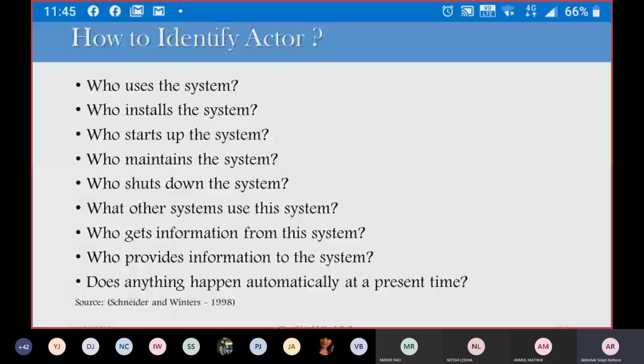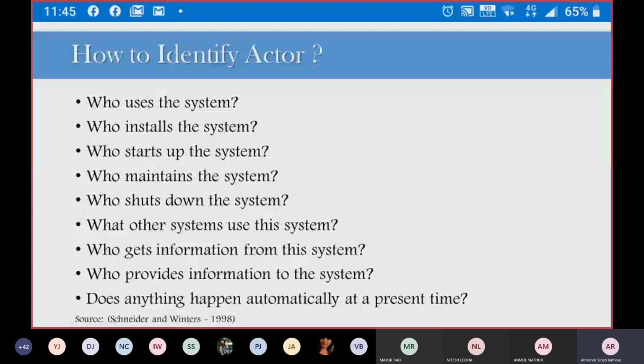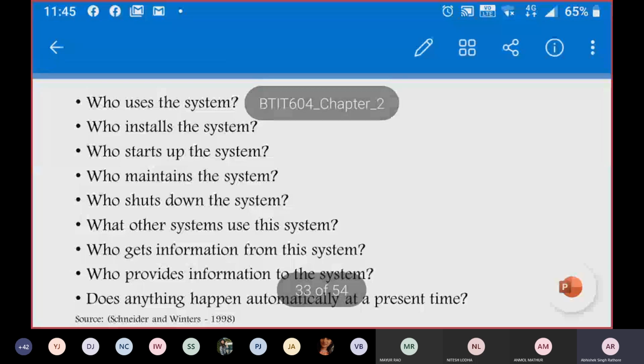Also consider what other systems there are. Sometimes other systems that are not related to our system are considered an actor of your system. For an example, let's say I am going for a payment system. I am going to implement it in some commercial website.